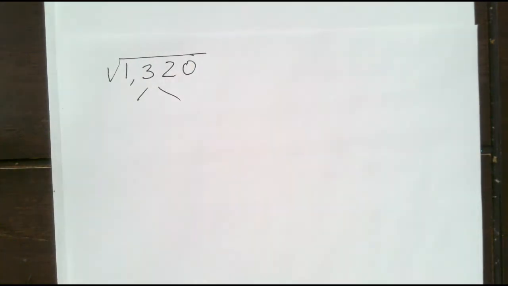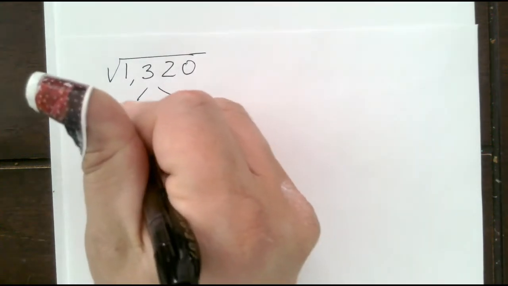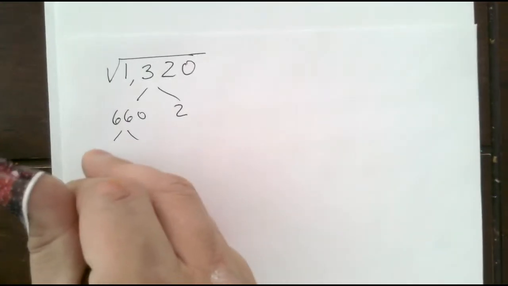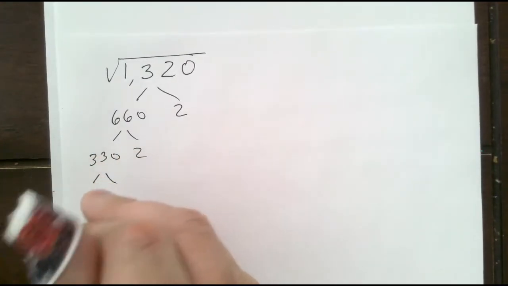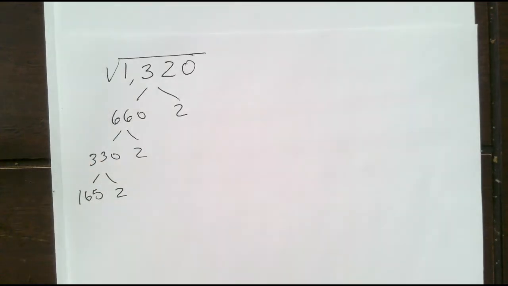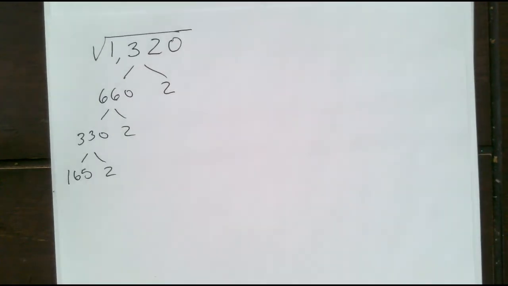Here we go. What are 2 numbers that multiply together to be 1,320? Well, luckily for us, 2 goes into it. How many times does it go into it? Is it 660 and 2? Well, 330 and 2. 165 and 2?